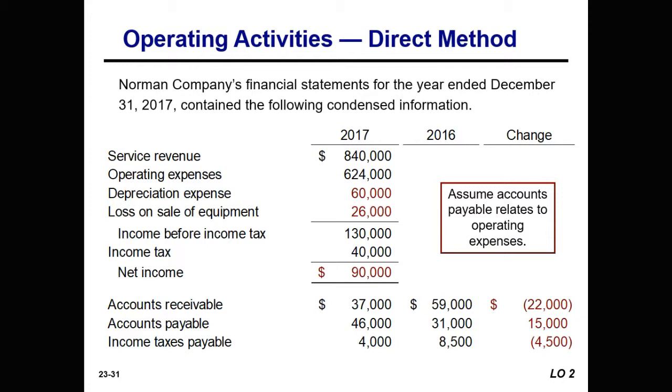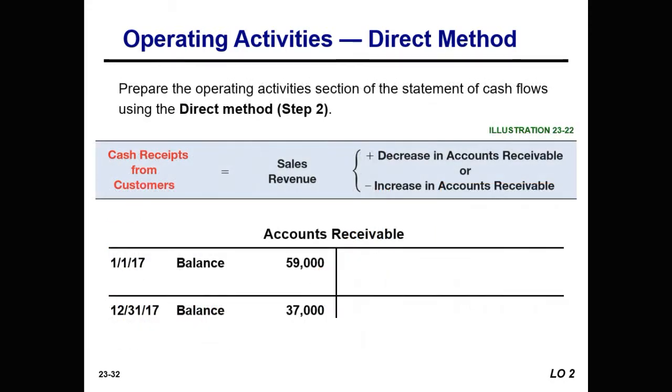Their financial statements for the year ended December 31st, 2017 had all of this information. And we're assuming that accounts payable related to operating expenses, because it typically does. So we started with a balance of $59,000 in accounts receivable.